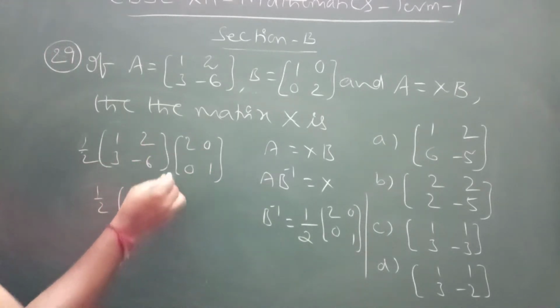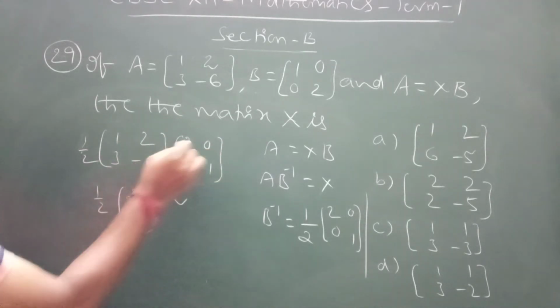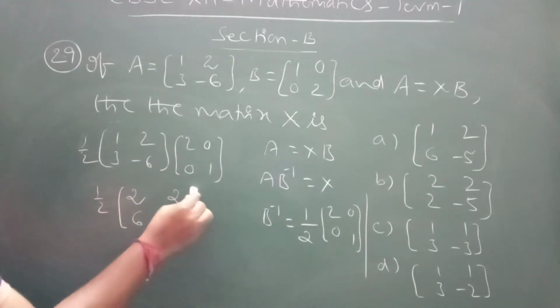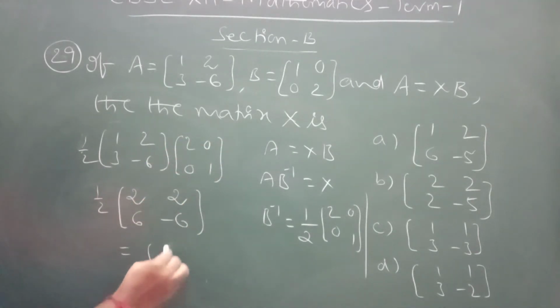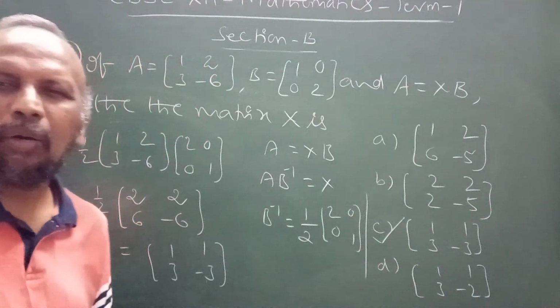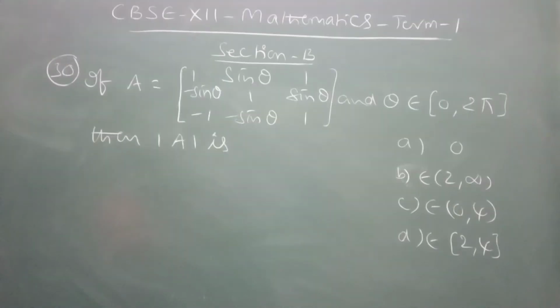First with the first column, this will be 2, this 0, this is also 2, and 6 comes. Now this one, 0 and minus 6. Multiply with 1 by 2. It comes 1, 1, and 3, minus 3. Check which option: the third option. Option C is your answer.